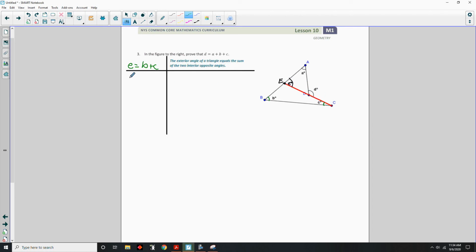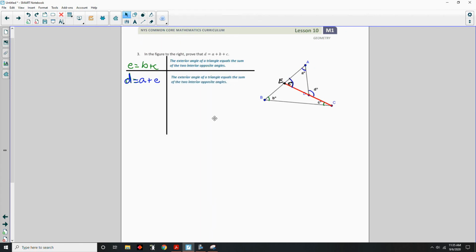So now I can say angle D is equal to, let me change colors to blue. So now I have D right here. Well, that's going to equal the remote interiors of this triangle. So D is equal to A plus E. Reason? The same.